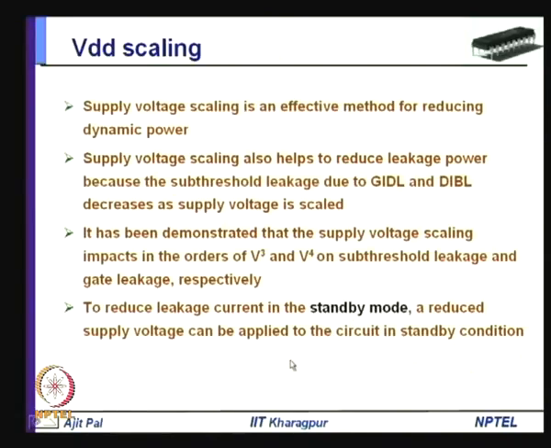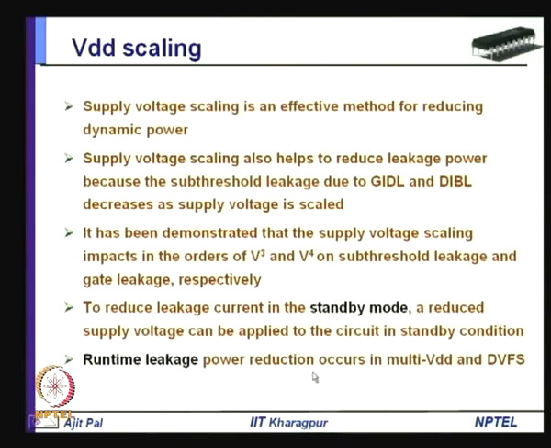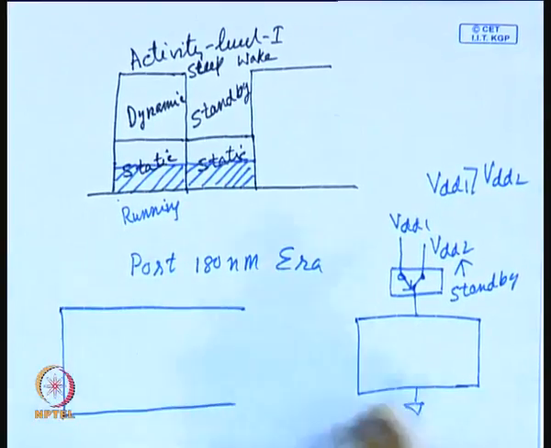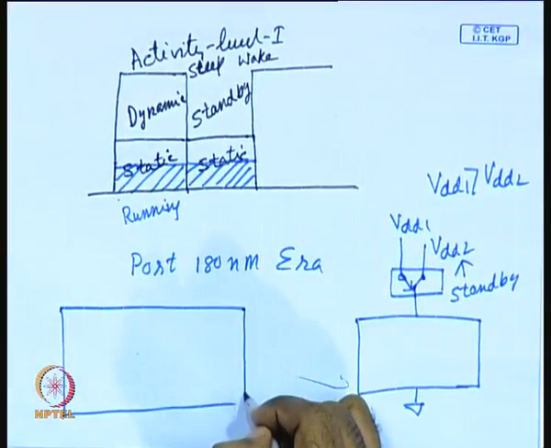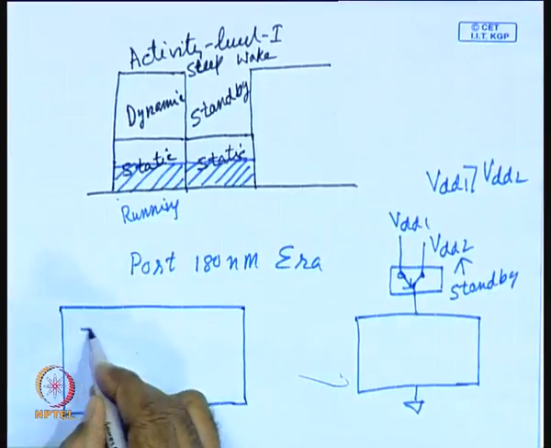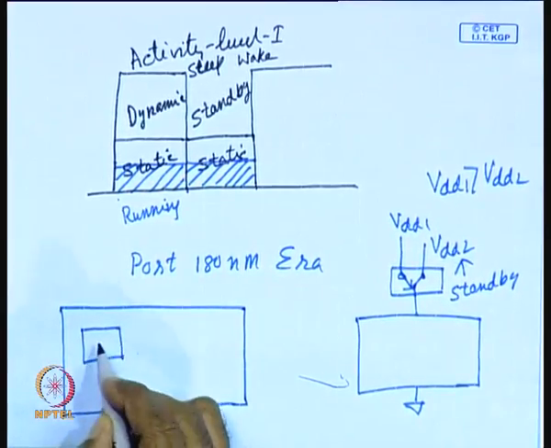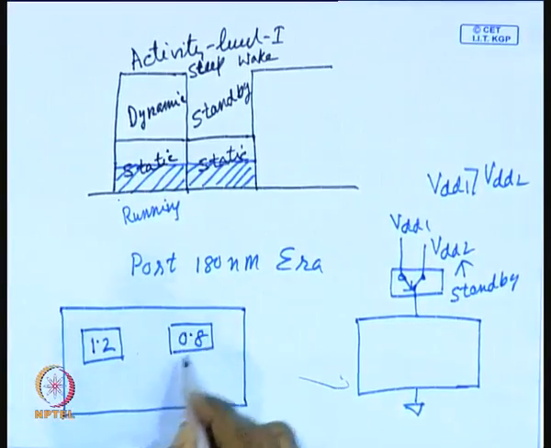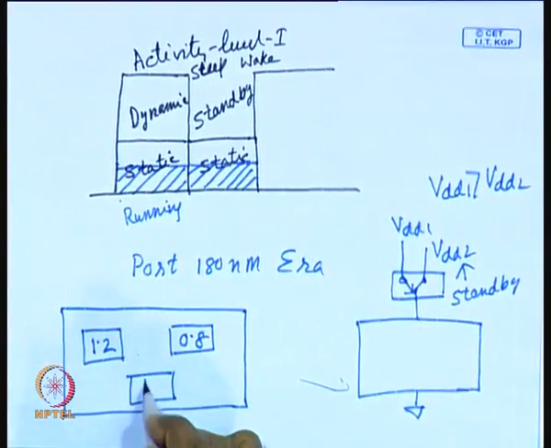However, as I mentioned, today we are more interested in reducing the leakage power in runtime condition. The runtime leakage power reduction occurs whenever you are using multi VDD. That means in a single chip, as we have discussed earlier, you can have multiple voltage domains. Say this may be operating at 1.2, this at 0.8, this at 1.1.